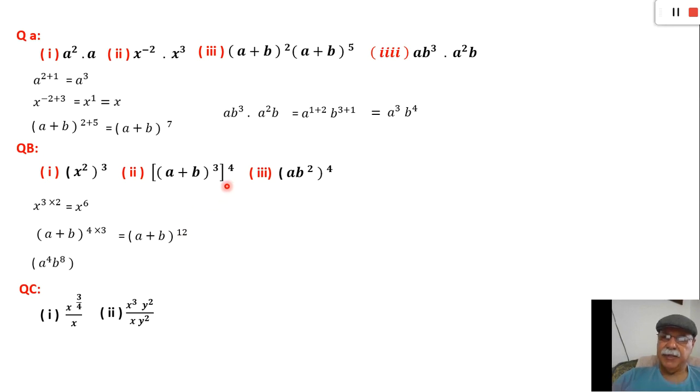Question or part 3 is like this also. 4 times 1, 4 times 2 becomes 8. That's why 4, 8. This 4 comes from 4 times 1, this power 1, becomes 4, and 4 times 2 is 8, like this exactly.